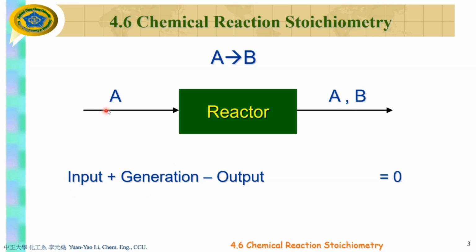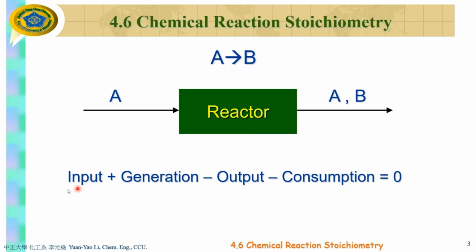After that, you know that you consume some of A, because you need to consume some of the A in order to generate species B. So you have something like consumption. It consumes some of the A species. If this process is in a steady state condition, then there is no accumulation in the reactor, of either A or B species.